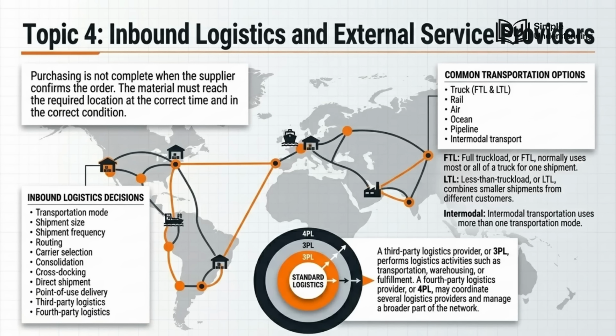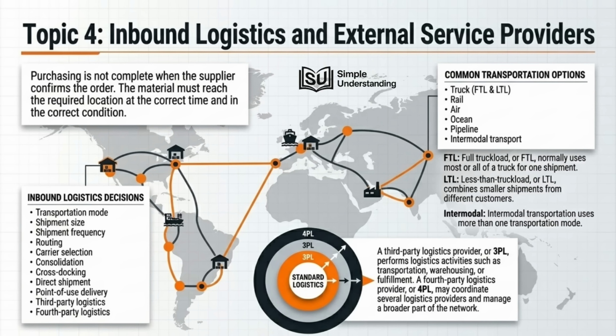Topic 4. Inbound logistics and external service providers. Purchasing is not complete when the supplier confirms the order. The material must reach the required location at the correct time and in the correct condition.